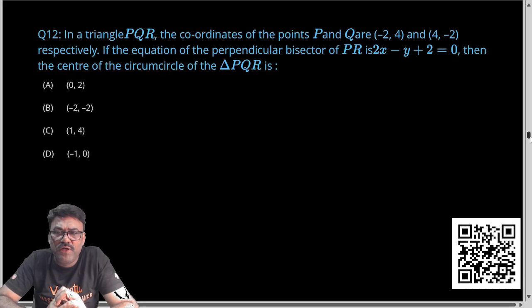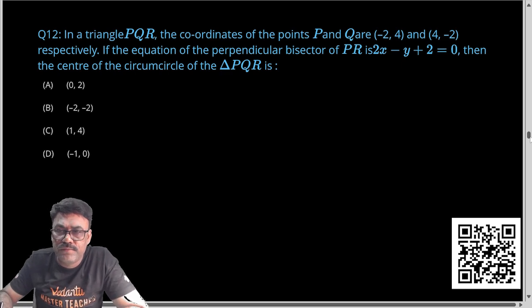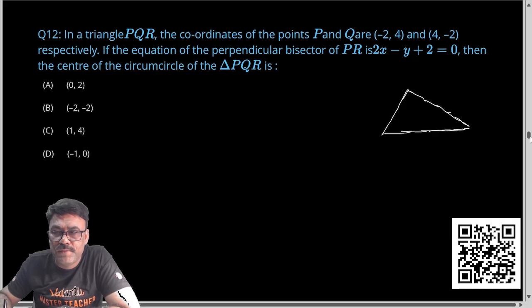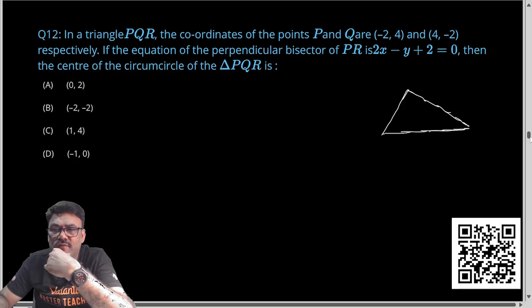If the equation of the perpendicular bisector of PR is 2x minus y plus 2 equals 0, then find the center of the circumcircle of triangle PQR. Okay, so let's draw triangle PQR first.